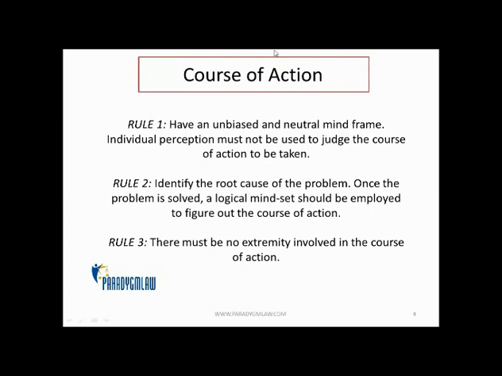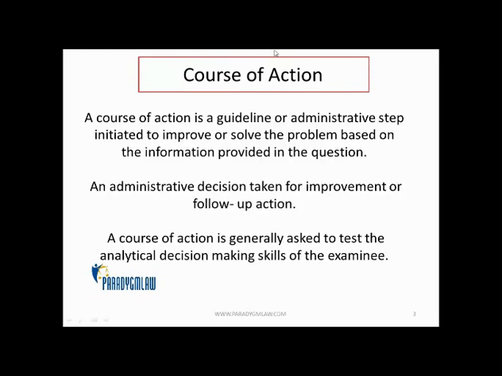So as an administrative step, it has to be for the collective good, right? Now there are some rules that are used to arrive at the solution. Before that, let's further understand what else is part of the definition of course of action.